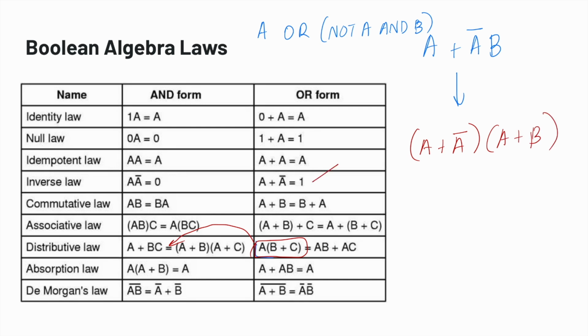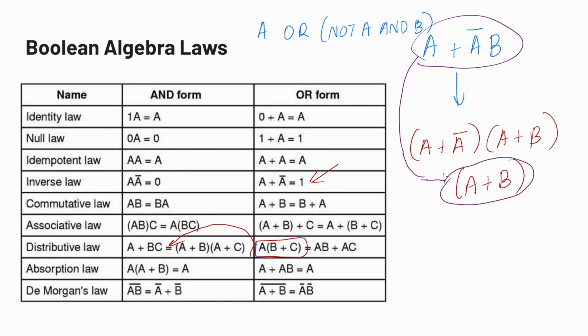If you look at the inverse law right here, A or not A is just going to give us a 1, or true. So we'll have true and (A or B). But that true is just going to drop off, so it doesn't really matter. Then we're going to have just A plus B, and this is going to be our output. So that means this circuit is equivalent to this one right here.